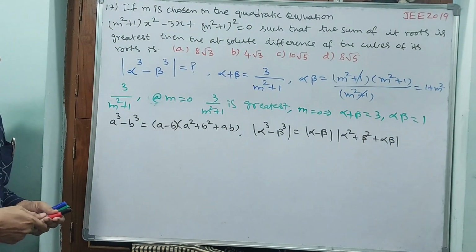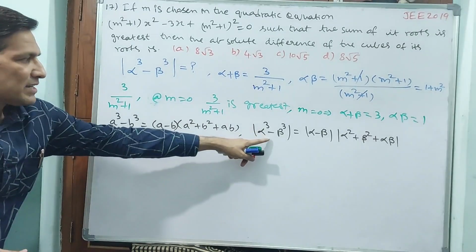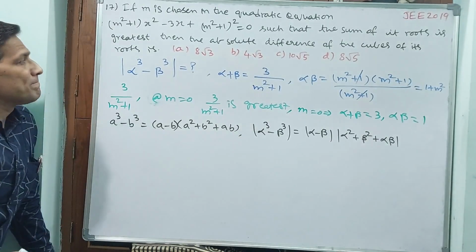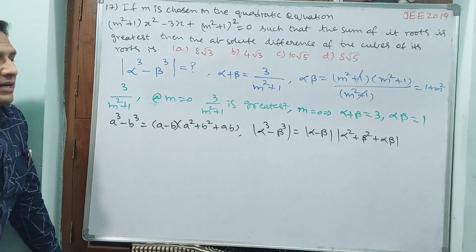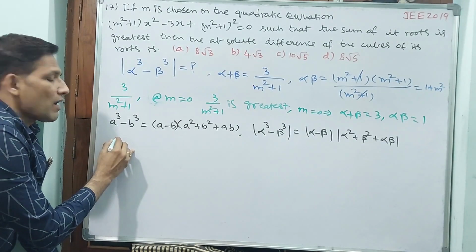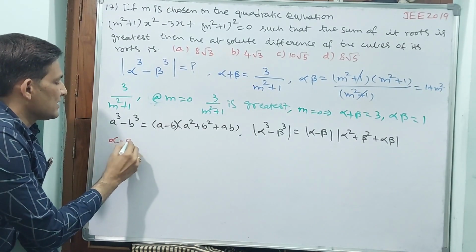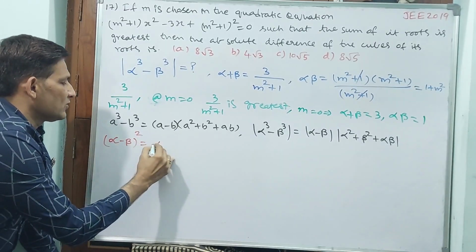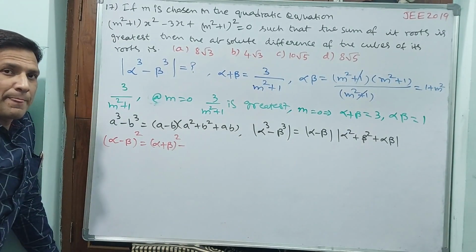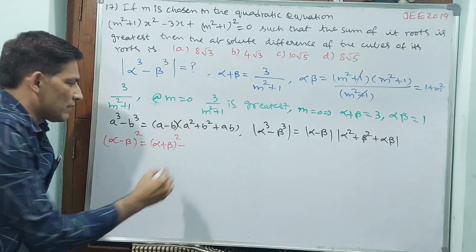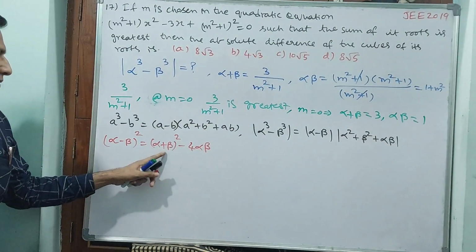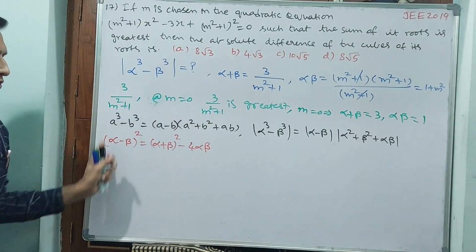Now, alpha cube minus beta cube modulus you require, but slowly, one by one. Because you have got alpha plus beta, first we can say alpha minus beta square is equal to alpha plus beta square minus 4 alpha beta. Because alpha plus beta square minus alpha minus beta square is equal to 4 alpha beta.